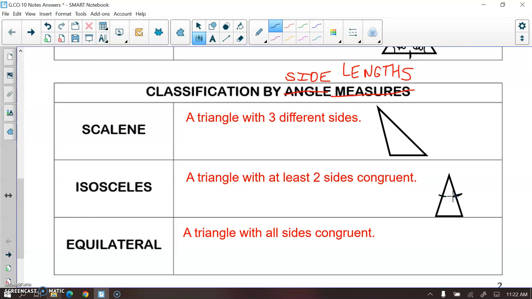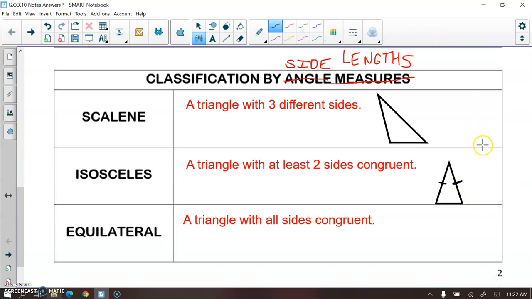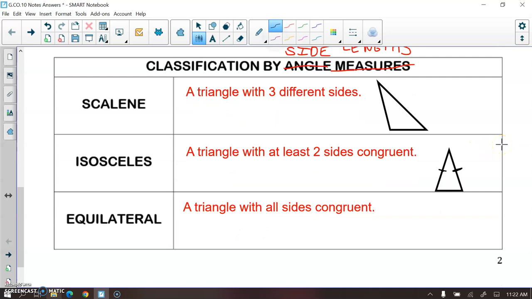Now, something that I would like you to jot down about isosceles triangles is that the top angle, or the angle that connects the two congruent sides, sorry, it won't always be the top angle, is called your vertex angle.